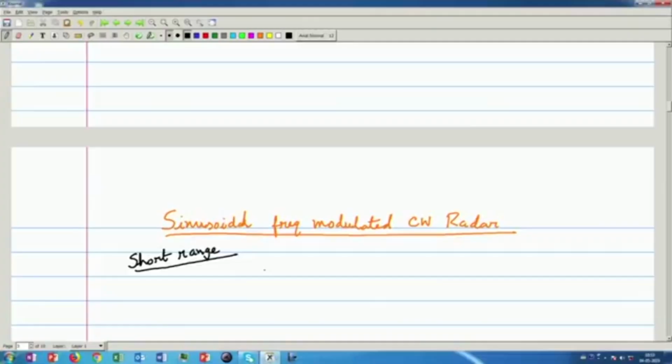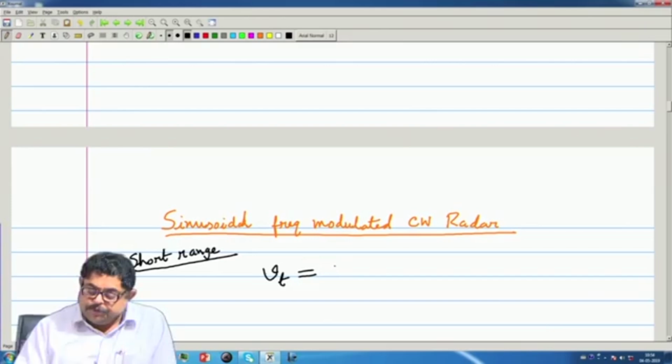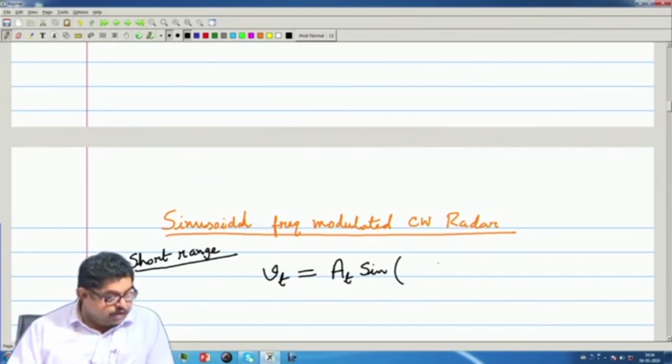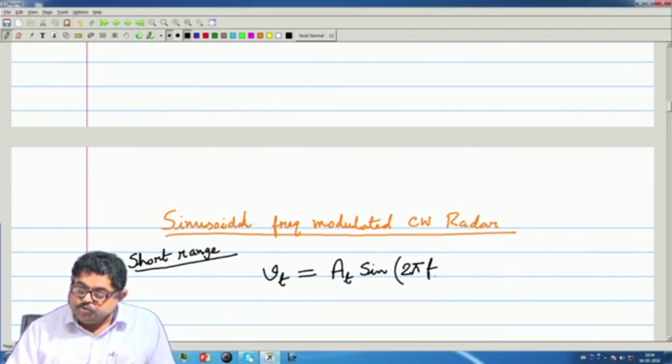So, let the transmitted signal voltage be something with amplitude A_T. The amplitude does not matter here, because everything will depend on the frequency. So, I can write, I have a sinusoidal modulator: sine of 2 pi f naught t plus delta f by 2 f_m, sine 2 pi f_m t.